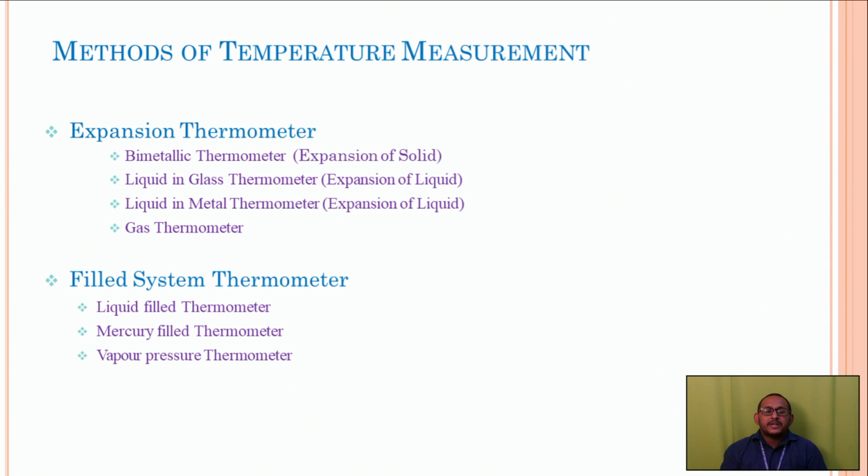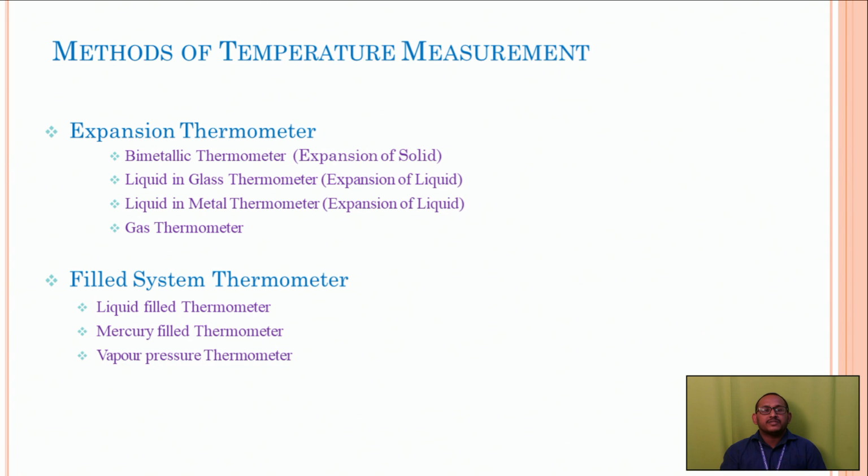In the expansion thermometer there are also four types available. The bimetallic thermometer comes under the expansion of solids, as we have discussed earlier. Before the introduction itself, I briefly explained this bimetallic thermometer and the expansion of solids. The second one is the liquid in glass thermometer, which deals with the expansion of liquids.